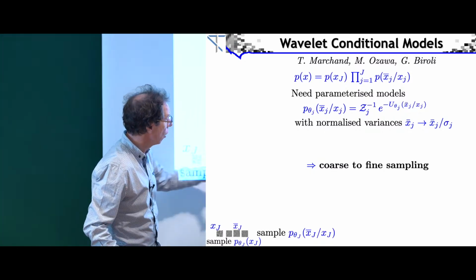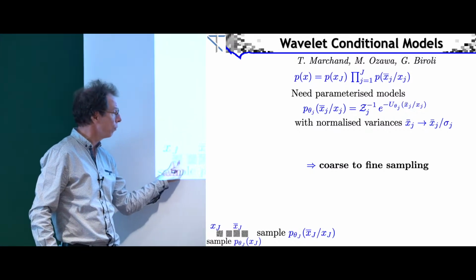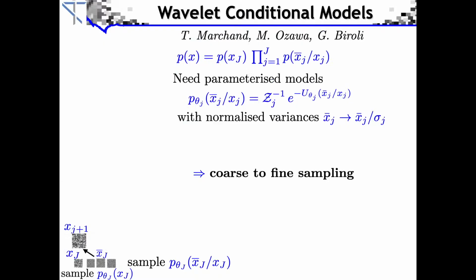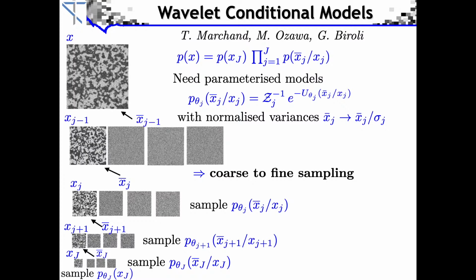To do that, we synthesize the high frequency wavelet coefficients knowing the low frequency. Once we have this, we apply the reconstruction, which gives us the next scale. Then we sample the next set of wavelet coefficients, we get the next scale, and so on.